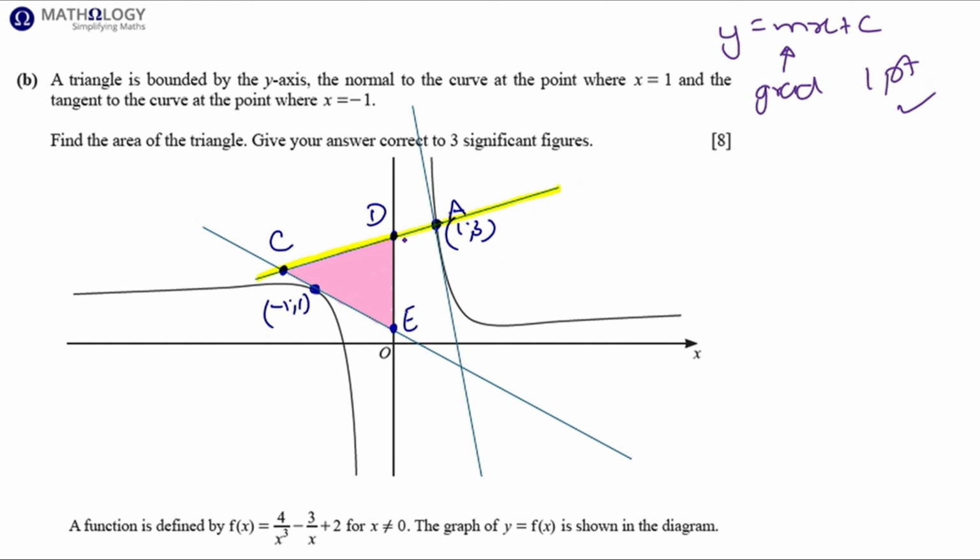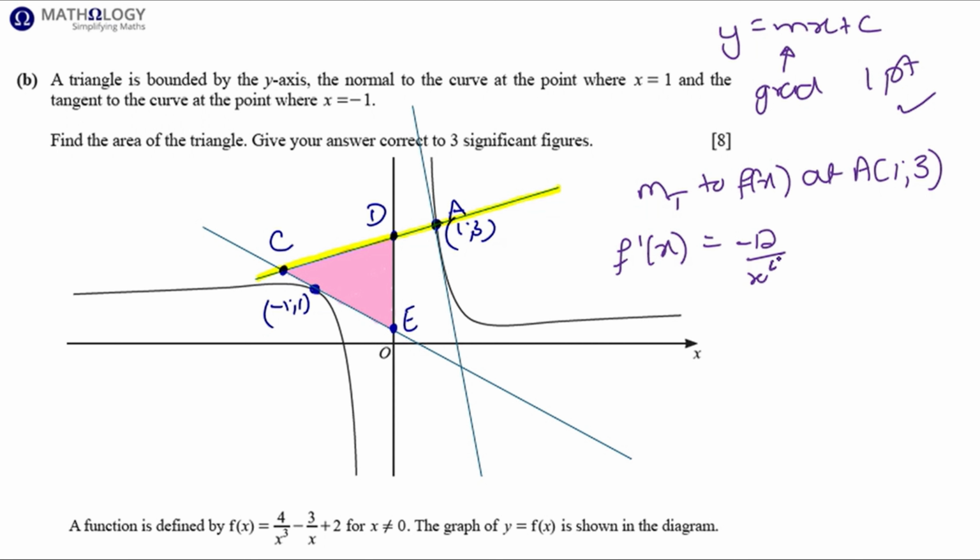Now, to get the gradient of a normal, we first need to determine the gradient of the tangent to the curve at that point. So we are going to find the gradient of the tangent to f of x at point A. So to find the gradient of a tangent to a curve, we're going to differentiate the curve. Now, the derivative function is given by f prime x equals minus 12 over x to the 4 plus 3 over x squared.